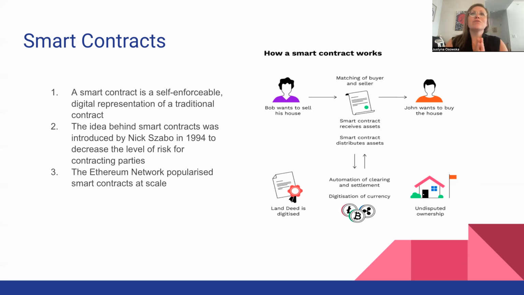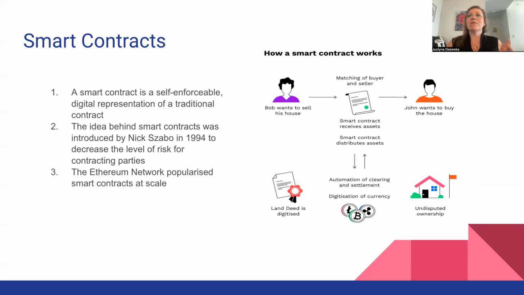I'm going to use, for example, the sale of a house. Bob wants to sell his house. John wants to buy the house. There's a match between them. And then what happens is, instead of having a clearinghouse saying, oh, this person has this amount of dollars and they gave you that amount of dollars and now you have the ownership, the smart contract handles it.